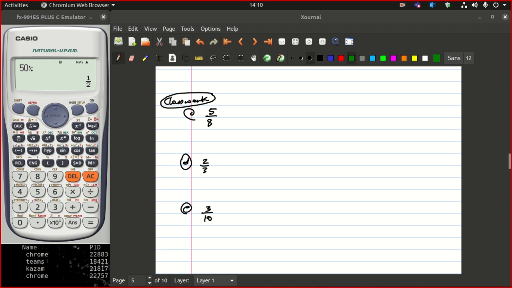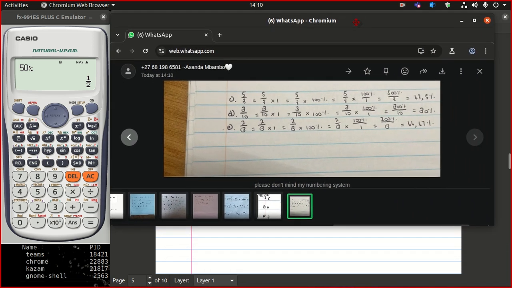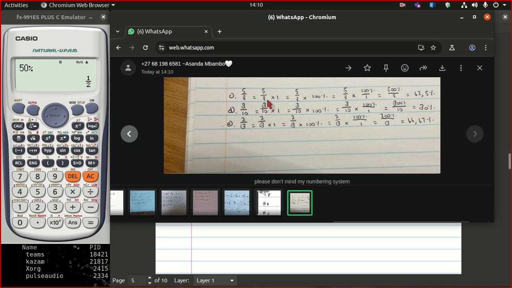Asanda Mbambo, let's look. You have the same thing. Look into this, 5 times 1, this is 8. And of that, you have 8 times 100, percent 500, this is fine. This is 30, and then E is 66.7.